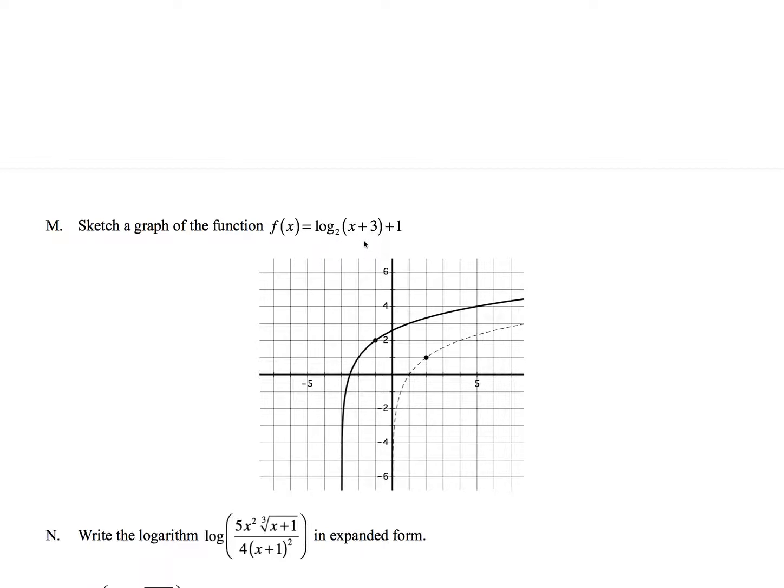Log base 2 of 8 is the number we raised 2 to get 8, and that's 3. It's 3, but we're adding 1, so that shifts us up to 4. So we sketch a graph through those points and come up with a reasonable graph.